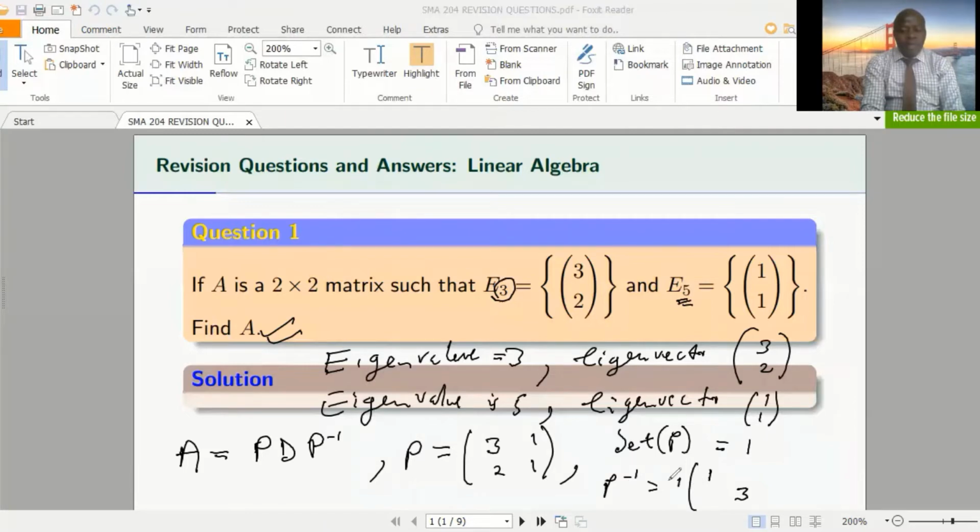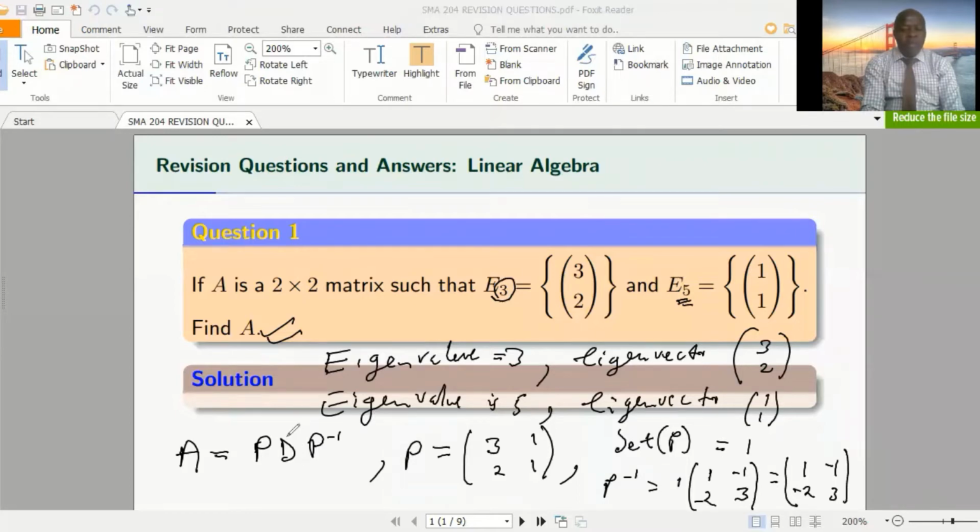So the sign here is positive, we make it negative, and the sign here is also positive, make it negative. So this is P inverse. Now we already have P, we have P inverse.